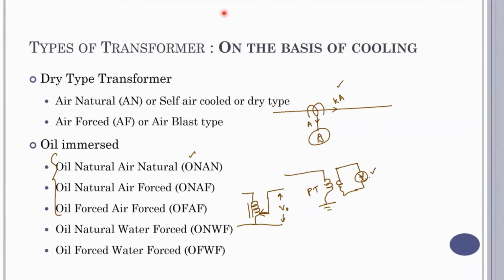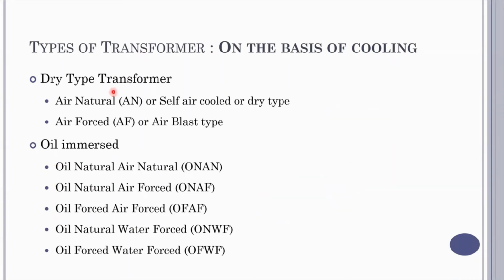And then based on the cooling that we adopt, we classify transformers as dry type transformers and oil immersed transformers. So in a dry type transformer, we use natural air, or self air, to cool the transformer.